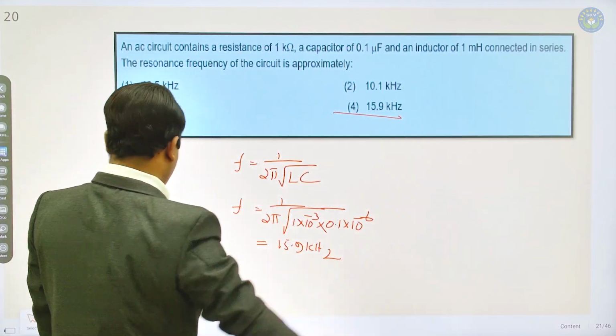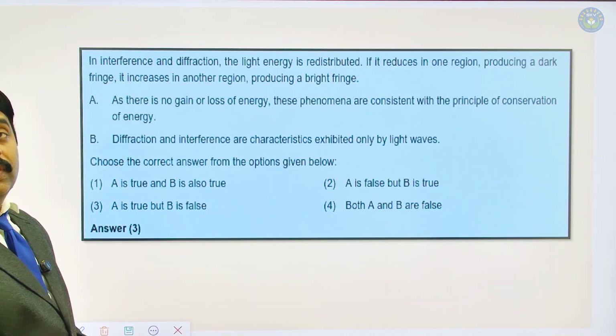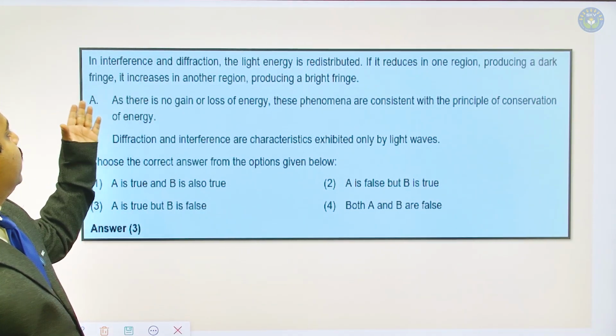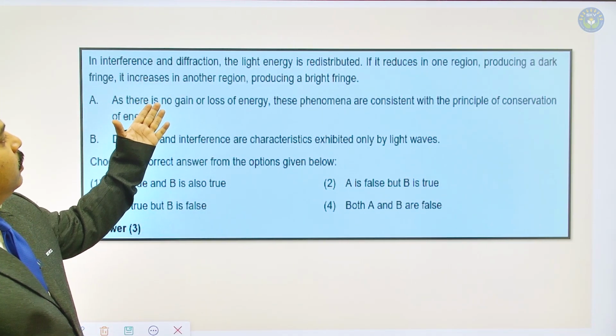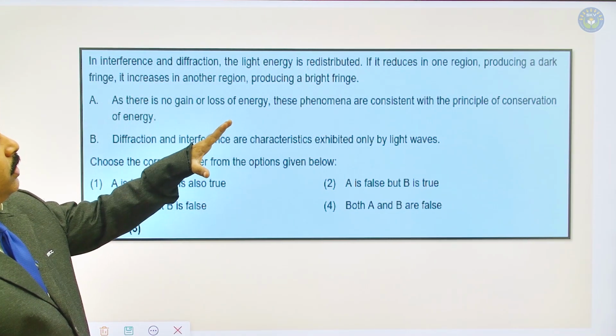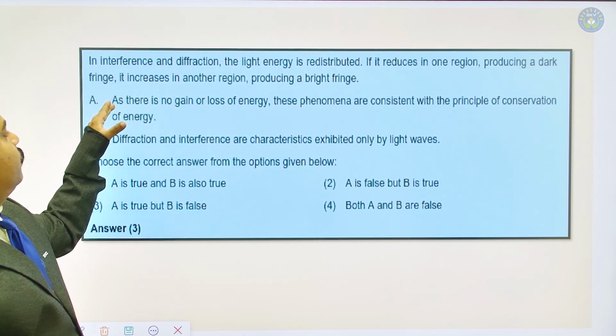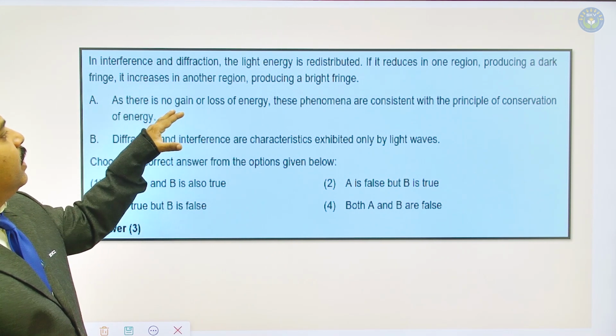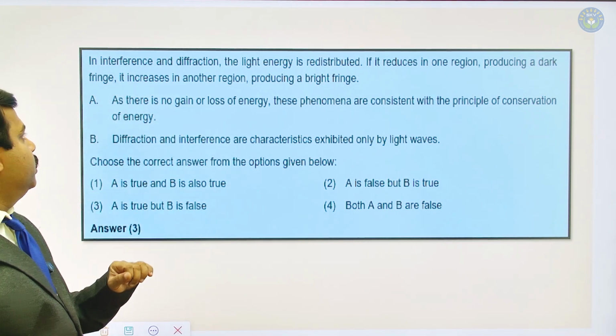All right. Now let us go to question number 20. In interference and diffraction, the light energy is distributed. If it reduces in one region, producing a dark fringe, it increases in another region, producing a bright fringe.